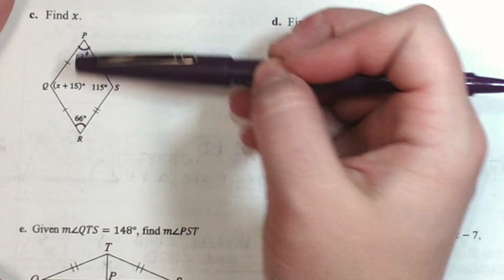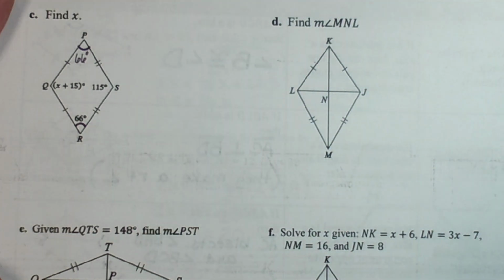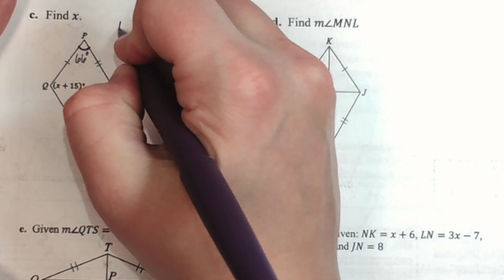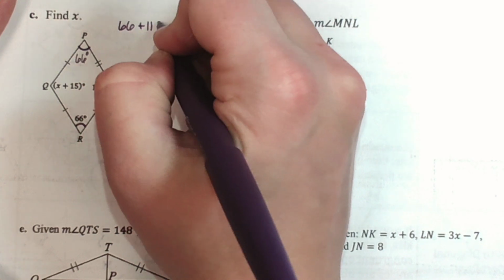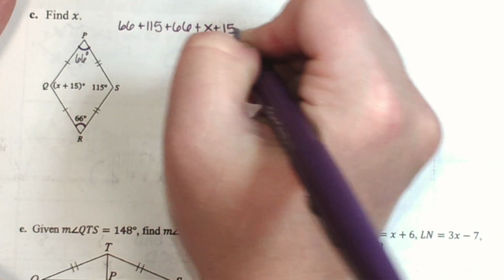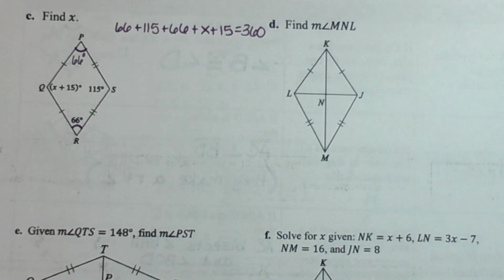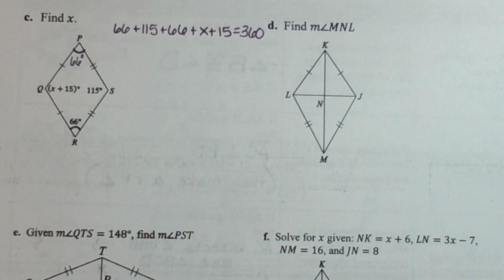That didn't specifically help us find X, but do you notice that all four angles of the kite now have something labeled in them? What do the four angles of a quadrilateral always add up to? According to what we just wrote down earlier, 360. The 66 plus the 115 plus the 66 plus the X plus 15 will all add up to 360. It's used a lot with kites. I combine my like terms.